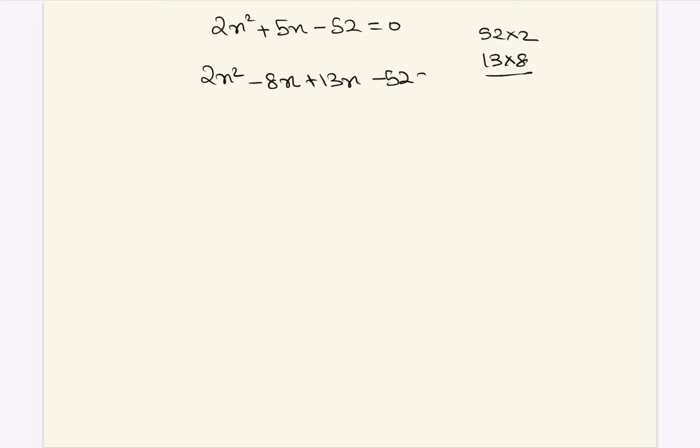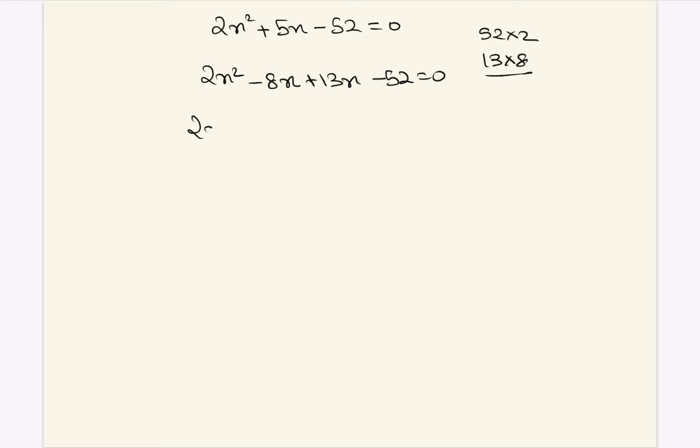So let's look at the quadratic equation that we have. 2x square plus 5x minus 52 is equal to 0. So 52 into 2 is the factorization that we need to do, a into c. 13 into 8, I think 13 minus 8 is 5, so this is okay. So 2x square minus 8x plus 13x minus 52 equal to 0.